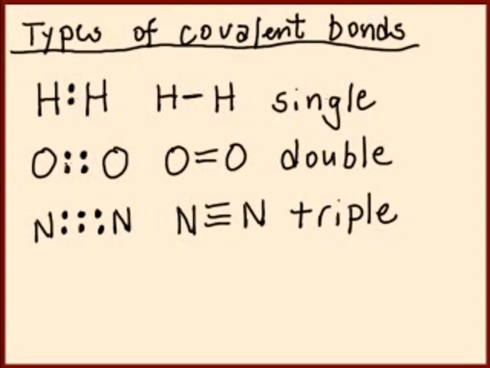If 4 electrons are shared, we call this a double covalent bond, represented by 2 horizontal lines between the atoms. And lastly, if 6 electrons are shared, we call this a triple covalent bond, represented by 3 lines between the atoms. The different types of covalent bonds.